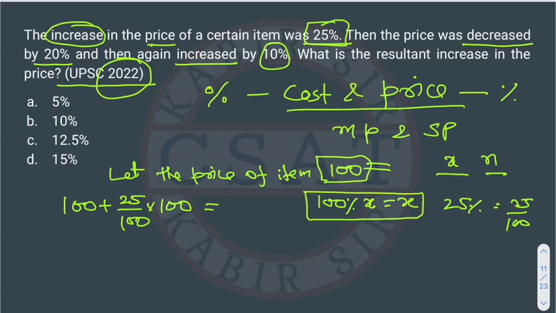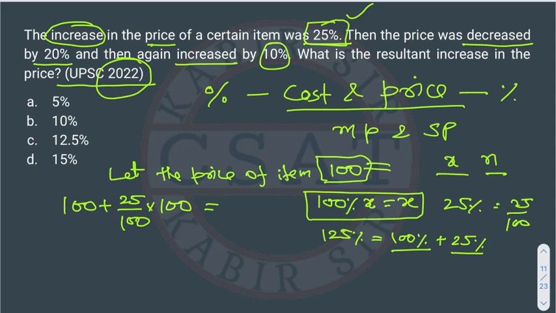So we are talking about 100% of some item, so it will be that item only. So if there is an increase of 25%, we can also write 125%. Why? Because it will be 100% plus 25%. And 100% is the item itself and 25% is the extra 25%.